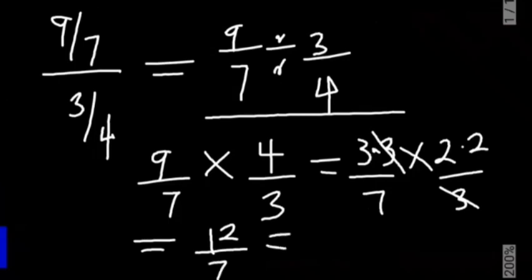We can leave our answer this way, but since it is an improper fraction, we can continue. 12 divided by 7, we have 1 remaining 5 over 7. So 12 divided by 7 is one whole number, 5 over 7.